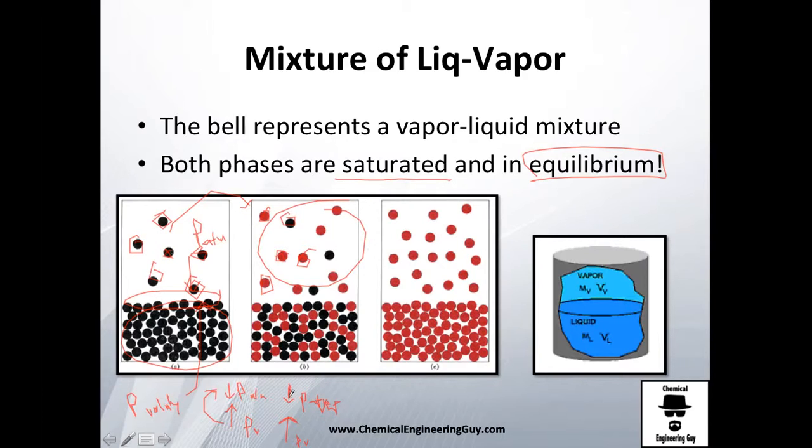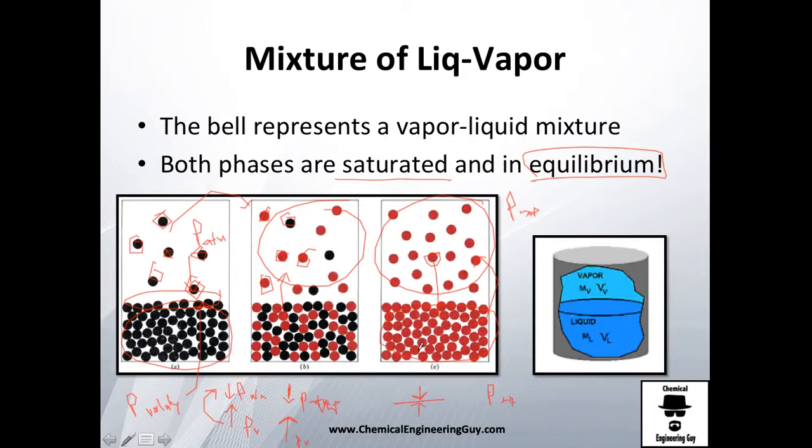As you increase the amount of molecules in vapor, you increase the pressure, until eventually the partial pressure of the vapor and the pressure of the liquid, if you calculate them, will be exactly the same, and that means they are in equilibrium. Maybe one molecule of water will go to the vapor phase, but if that happens, one molecule of vapor will go down into the liquid phase.